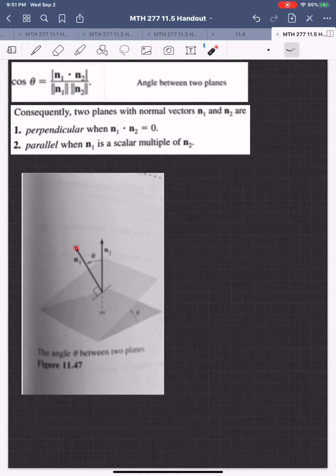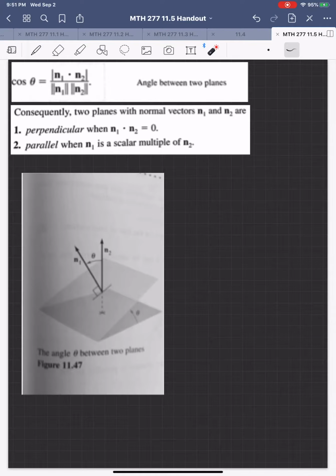So you can see n sub 1 is normal to the first plane, perpendicular, and n sub 2 is normal to that second plane. And then at that point, it's not that bad. You have two vectors, and we've already practiced finding the angle between two vectors. That was back in the first couple sections. So this is the formula that we're going to use.